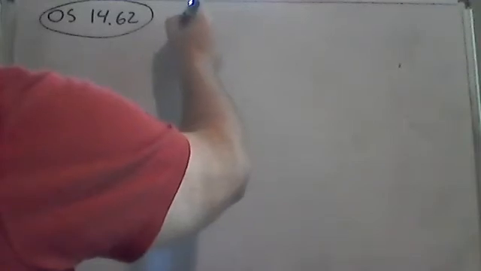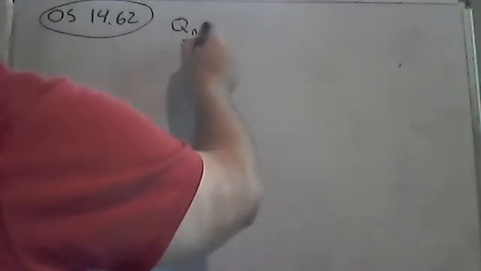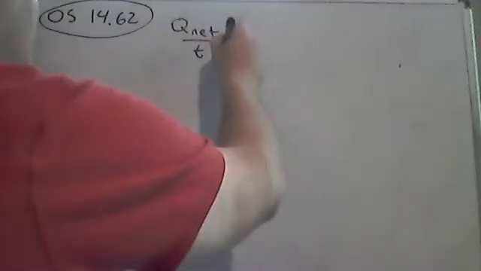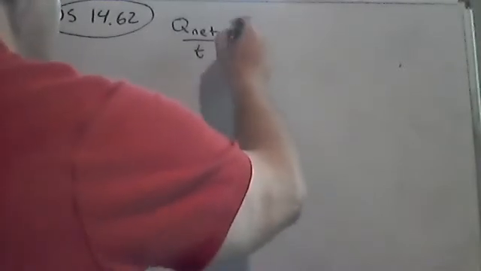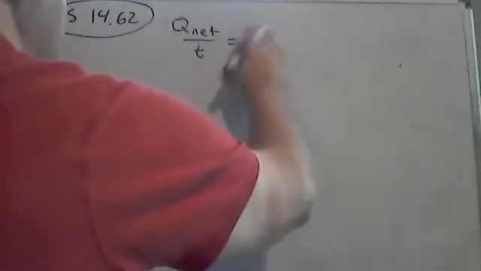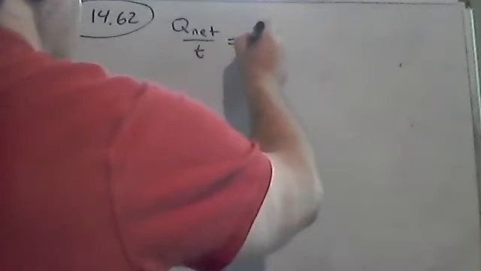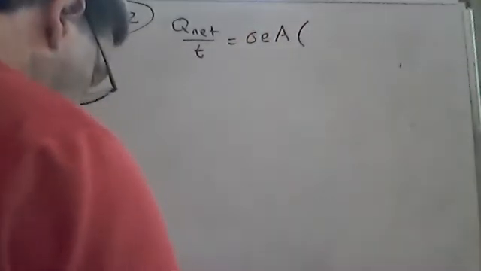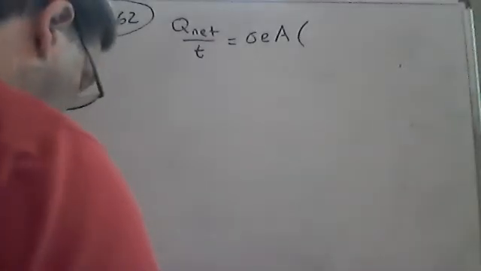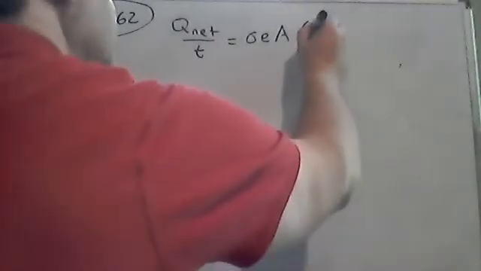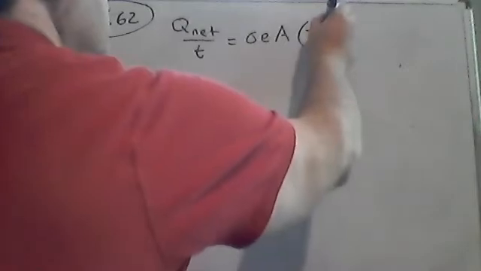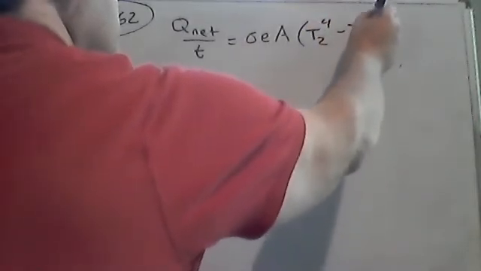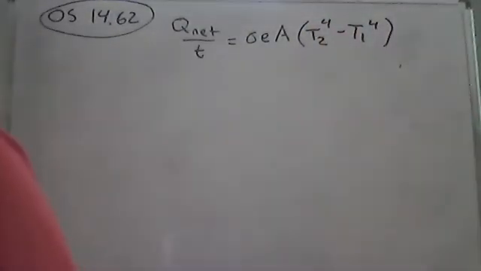So Q net over t, per time, is, remember the formula, sigma E A times the quantity T2 to the 4th minus T1 to the 4th. T1 is the temperature of the emitting object. Usually T2 is the temperature of the surroundings.